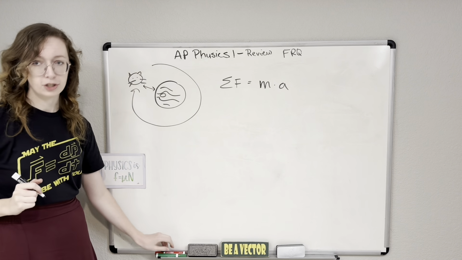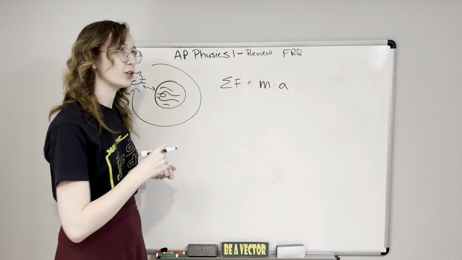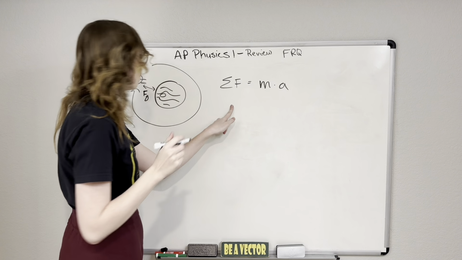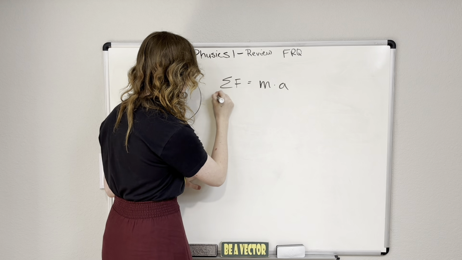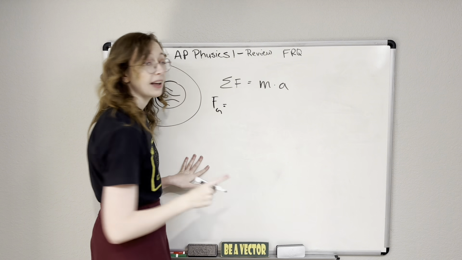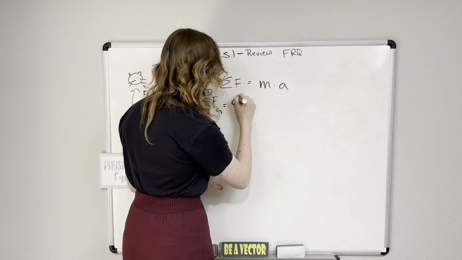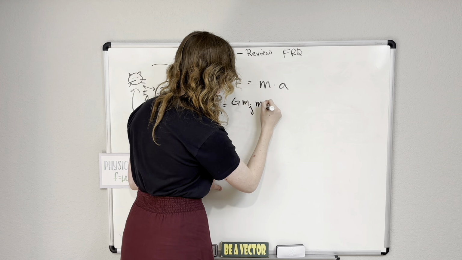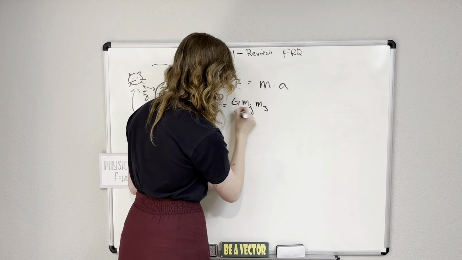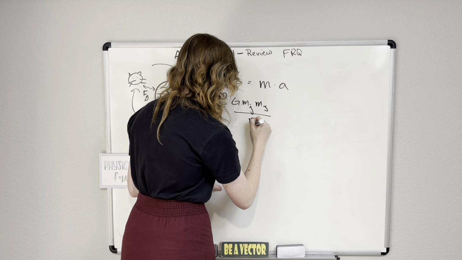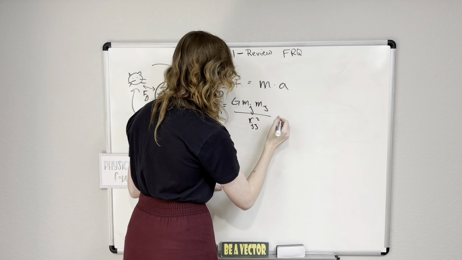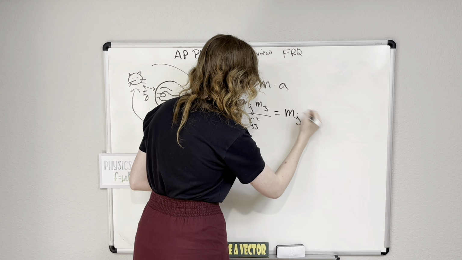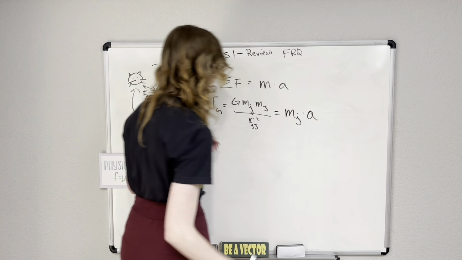So I know that the net force acting on her will just be the force of gravity, which we just practiced quite a bit with. That's just G times m_j for the mass of Juniper times m_J for the mass of Jupiter, divided by r_Jupiter squared, is equal to the mass of Juniper times her acceleration.